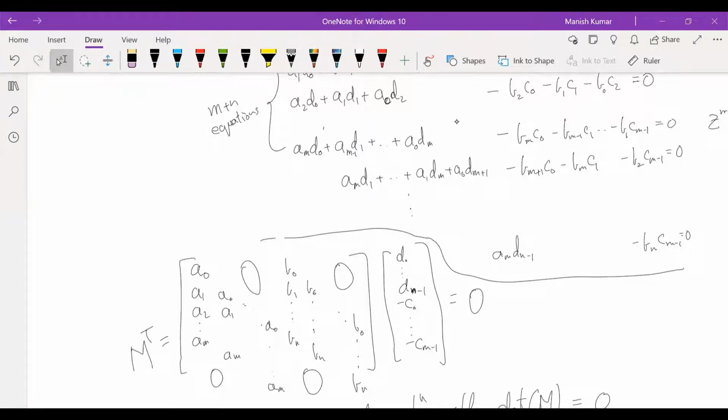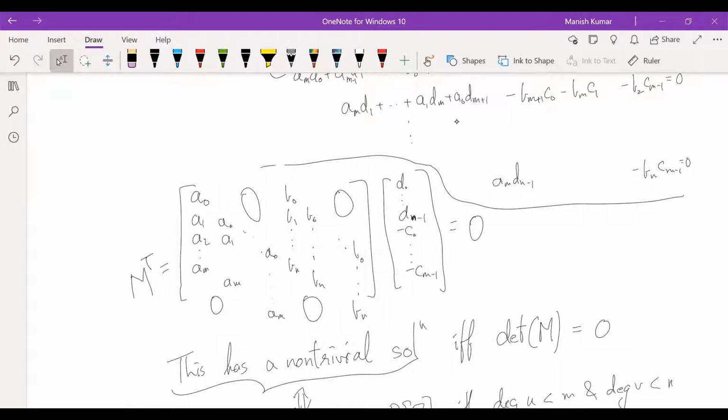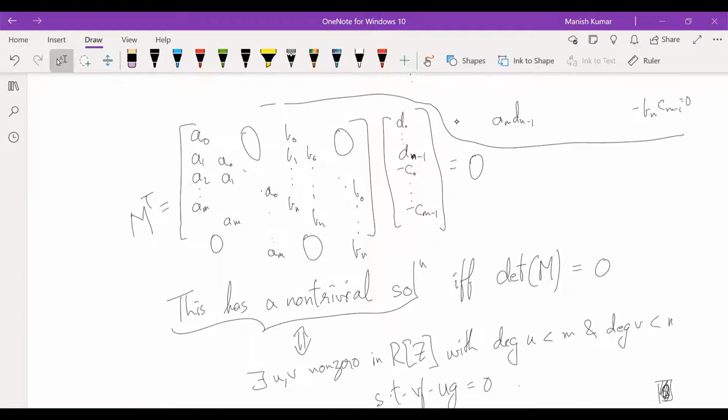This will have a non-trivial solution. All the variables are distinct, and there is no relation between them. So this will have a non-trivial solution if and only if the determinant of M transpose is 0, which is the same as saying the determinant of M is 0. And what does a non-trivial solution precisely mean? It means we can find U non-zero or V non-zero.